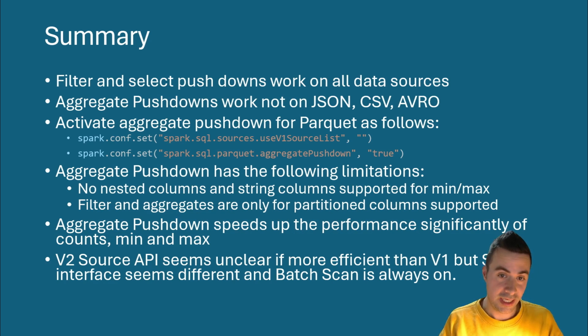There are also some limitations, and this might be the reason for the configuration. No nested columns are supported right now, even though Parquet files support statistics for nested columns. String columns for min and max are also currently not supported. For count, you don't have any limitations. And the filter and aggregate combination is right now only supported with partitioning.